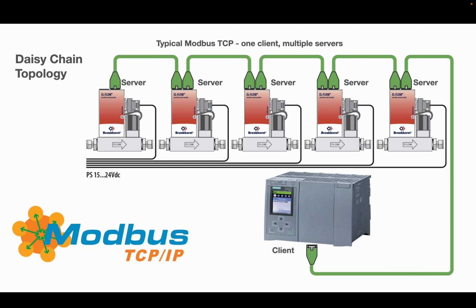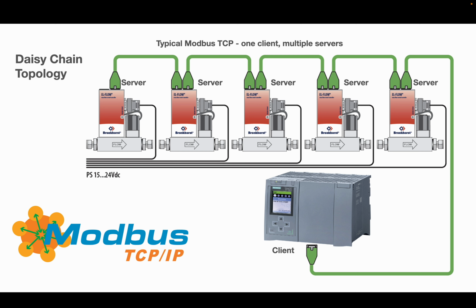Here we have a slightly different topology, which is quite often used in industrial environments where a star configuration isn't always useful or isn't always practical. So it's a daisy chain. A daisy chain is where we're going from one device to the next and to the next. In fact, each of the devices has got a small 2-port hub built into it, so these are really a device with an integrated hub or switch.